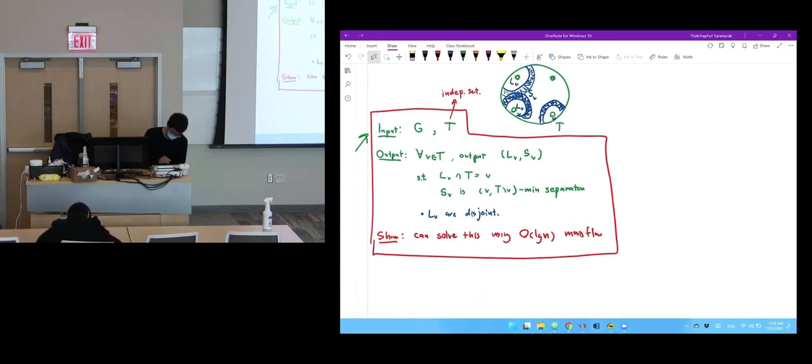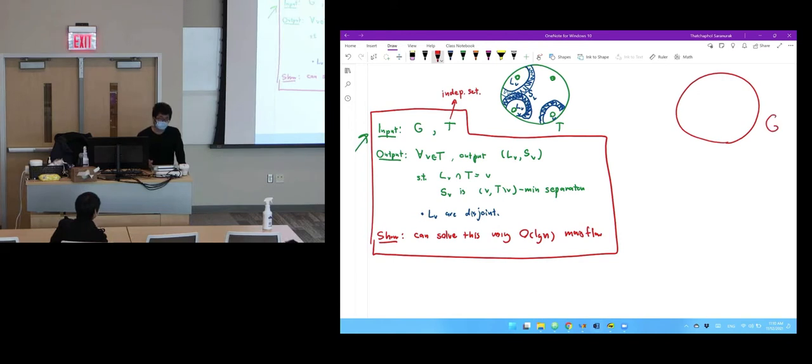what we can try to do is this. Just to recall how we use the isolating cut for finding the edge min cut: you have a graph, and suppose that here is a min cut S that contains k vertices.